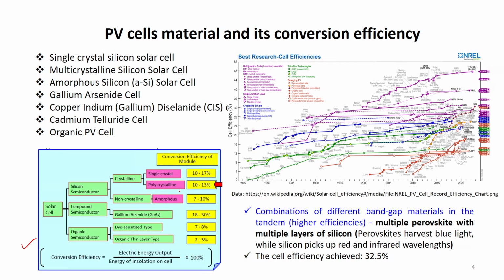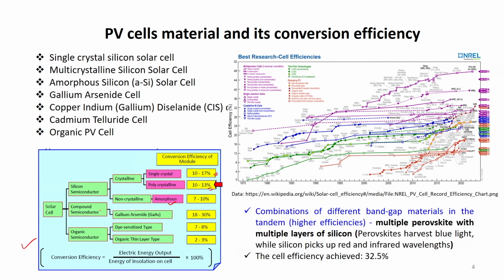The kind of cells we use in calculators are amorphous silicon solar cells. And if we see the conversion efficiencies, single crystalline silicon cells have higher conversion efficiencies compared to polycrystalline or multicrystalline silicon cells.